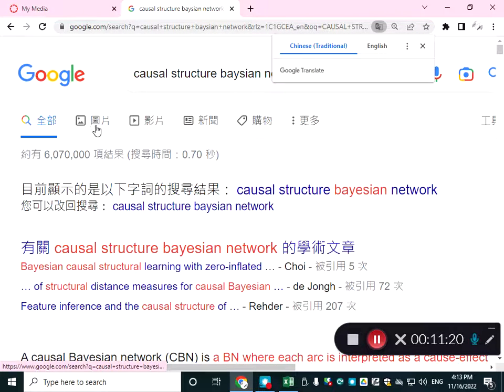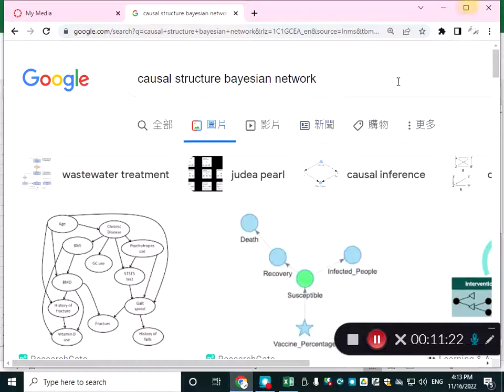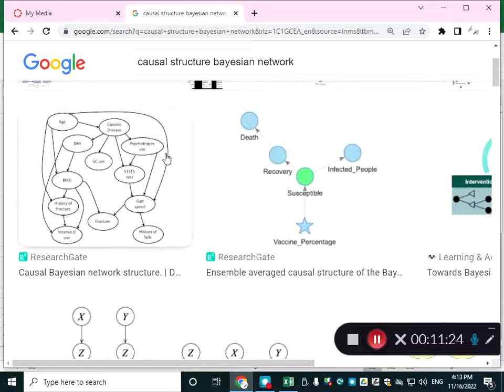Okay, and then you will see a graph like this. Some is the root cause, some is the final effect, and you start building this, organizing those 7, or 4 or 5, into something like this.